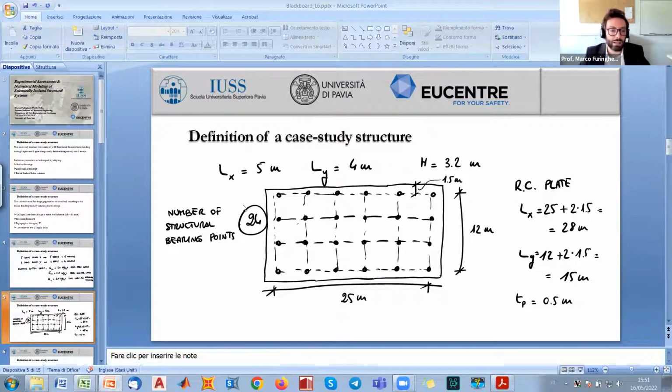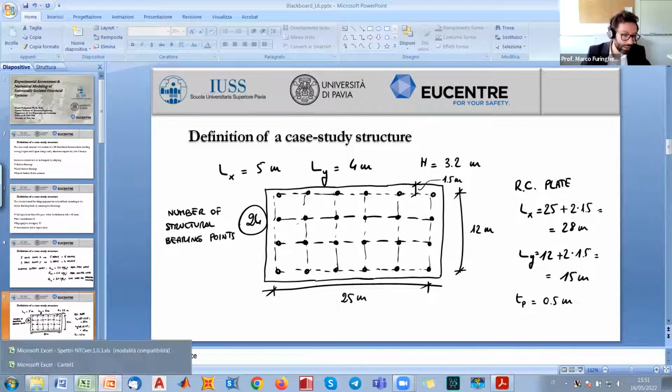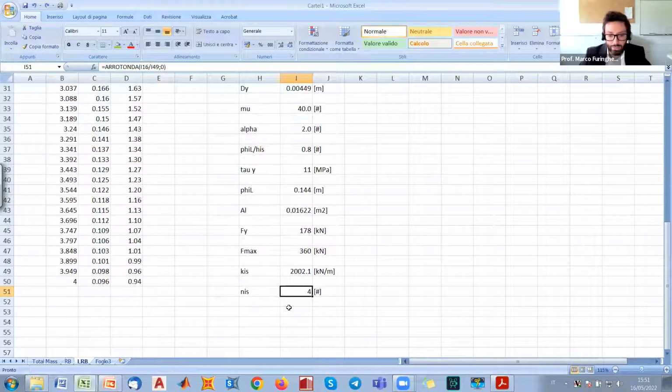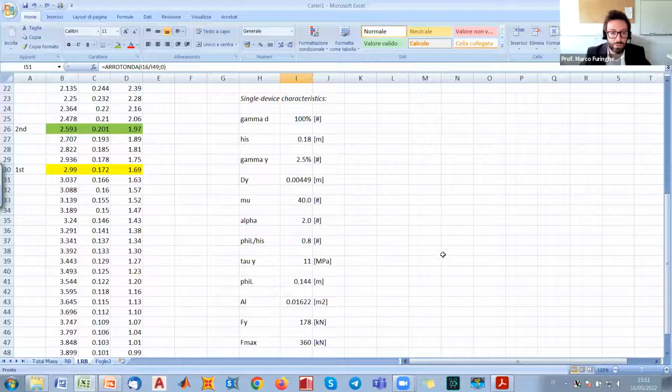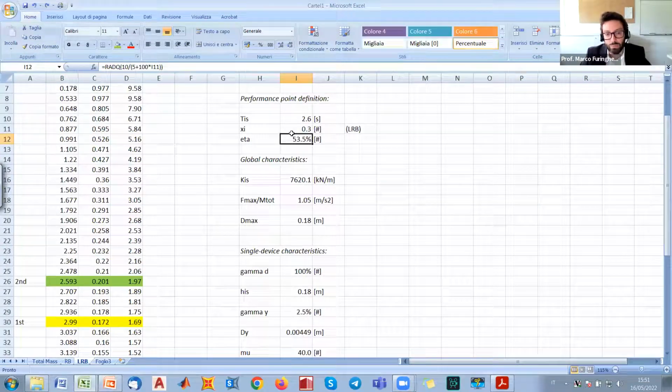So maybe the lead rubber bearing solution is not the most suitable for this particular building. But at least with just 4 bearings, it provides a good performance, simply because we have the proper definition of the reduction factor of forces and displacements.